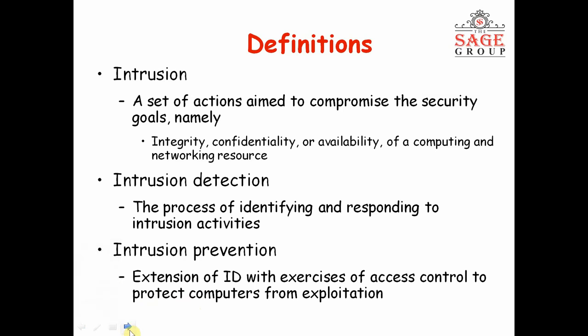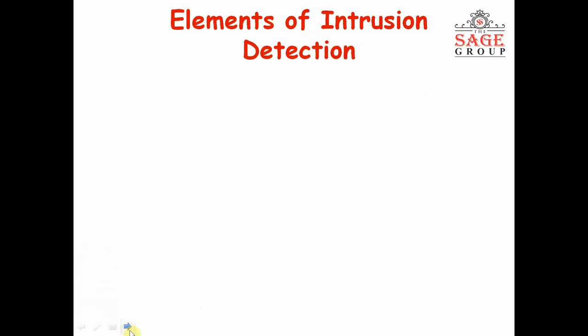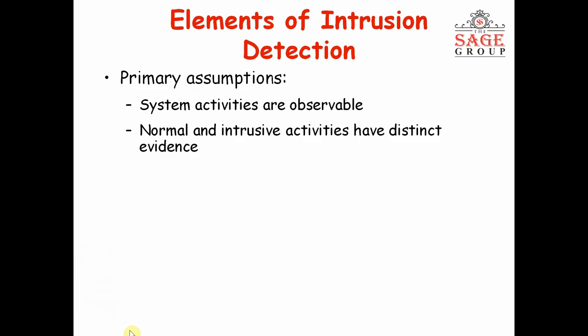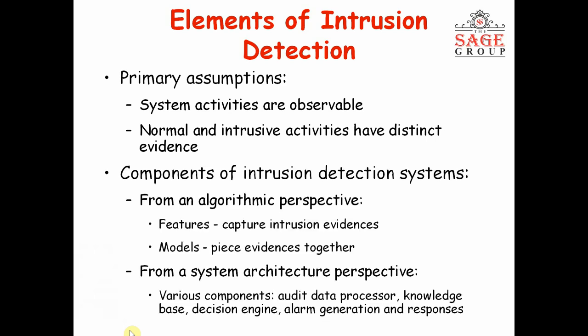Okay. The next element of intrusion detection is the primary assumption. System activity is observed. They observe the system activity, what actions it will take to do the intrusions. Normal and intrusion activity have distinct evidence. Second was the components of an intrusion detection system.